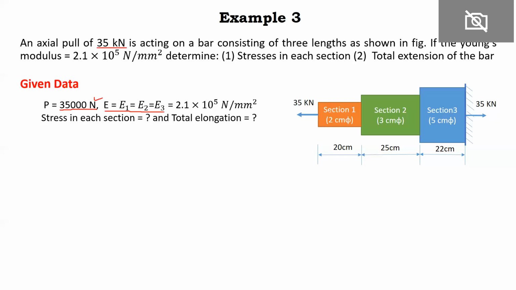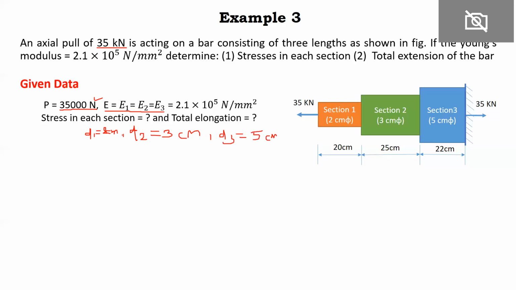The diameter of this section is given as 2 centimeter, so D1 is equal to 2 centimeter, D2 is equal to 3 centimeter, and D3 is equal to 5 centimeter. So this is given.